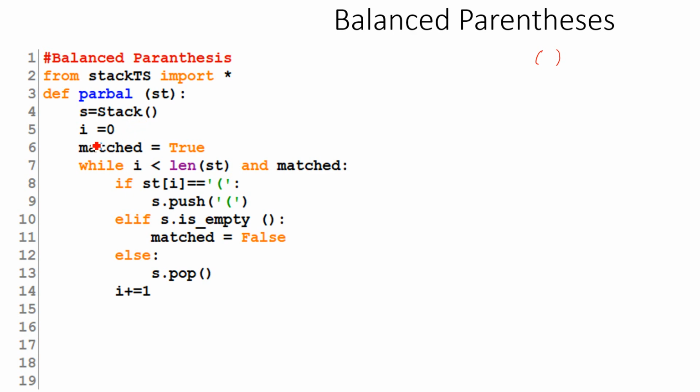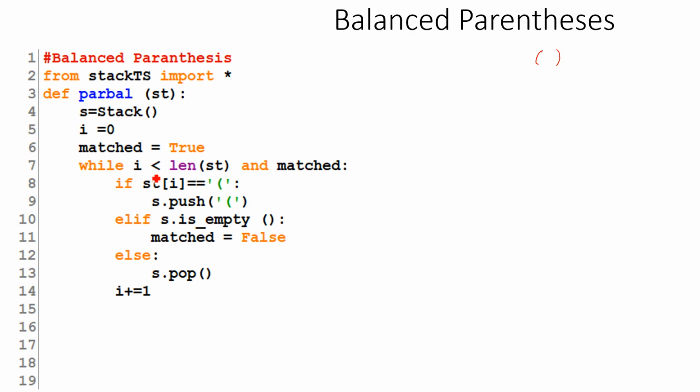For the loop iteration, we use the index variable i, which is initialized to 0. Then for local purposes, we use one variable called match that is set to true, and this match is going to control the entire execution of the algorithm.